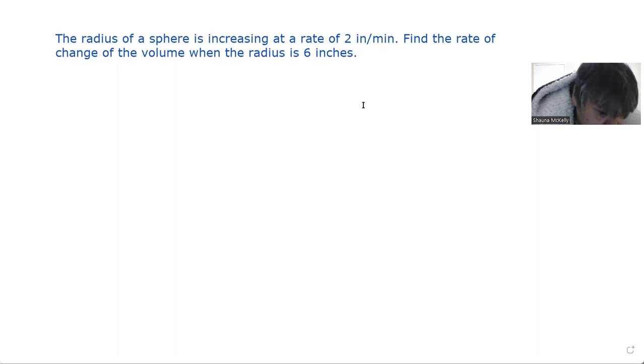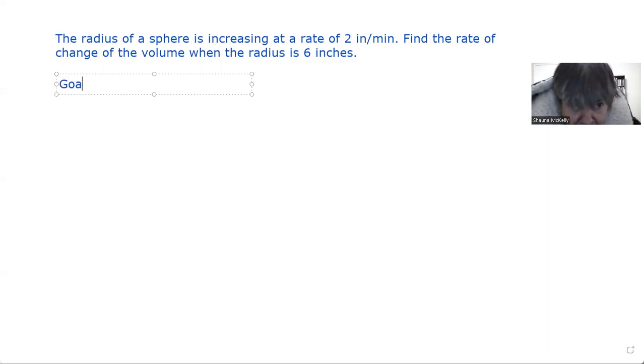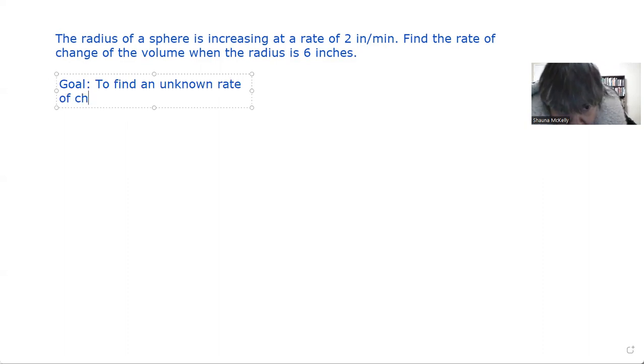But the goal of a related rates problem is to find the rate of change of something that is changing with respect to time. So our goal in a related rates problem is to find an unknown rate of change with respect to time.